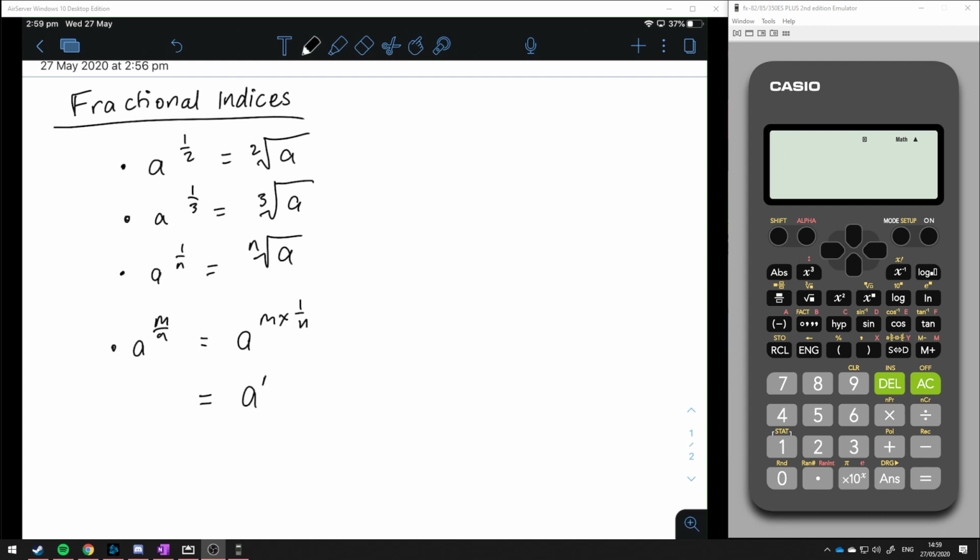So this is the same as a to the power of m, to the power of 1 over n, which is then the same as the nth root of a to the power of m.